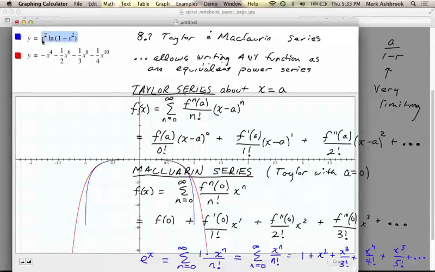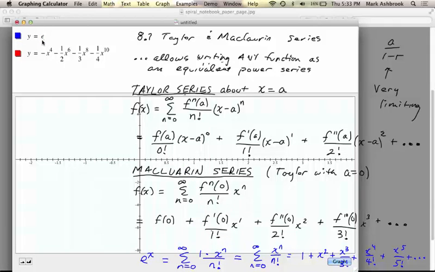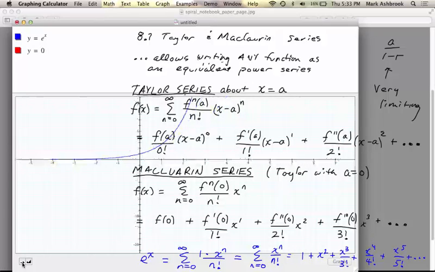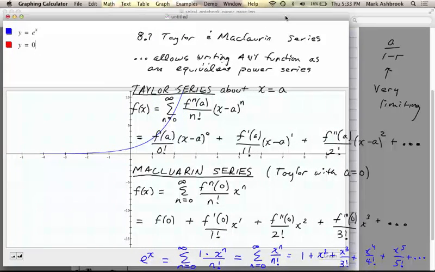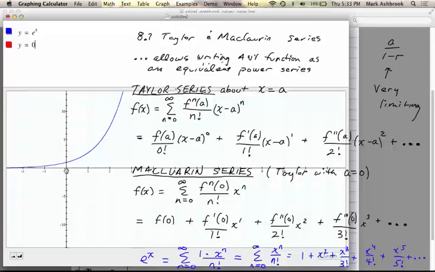So we're interested now in e to the x. Okay, can you see it? There we go, so there's e to the x. So here we go.